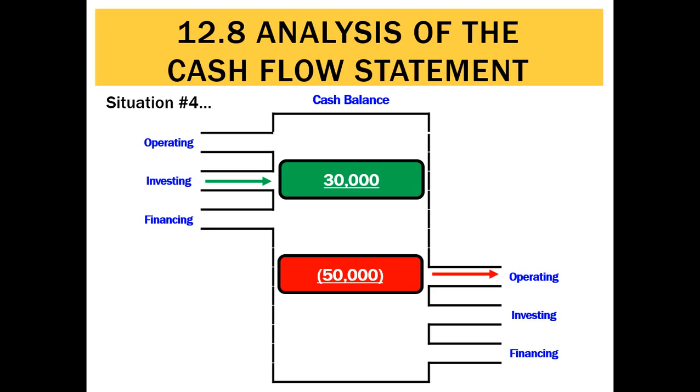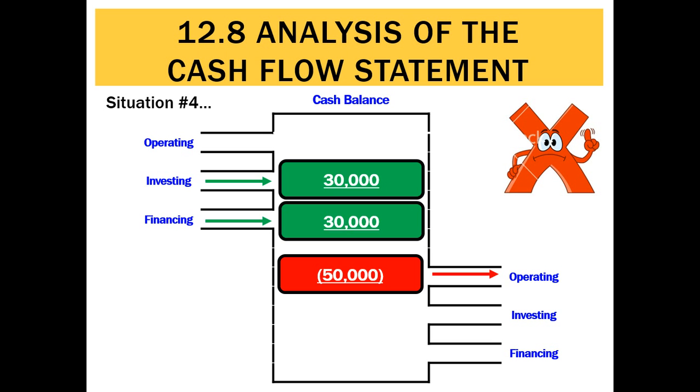So there's only one other place the money could come from. If we can't generate enough money from operating activities to run our business on a daily basis, we can't generate enough from investing by selling non-current assets, it simply must have come from financing. We must have gone to the bank and borrowed 30 grand, or the owner gave the business 30 grand. That is not a good situation. That's not sustainable, and eventually we'll run out of cash.